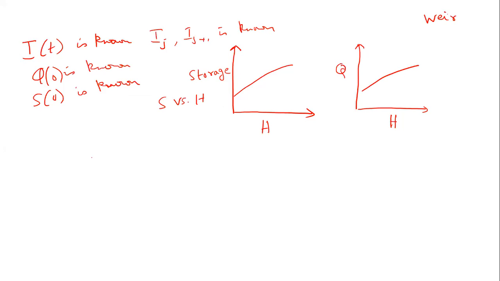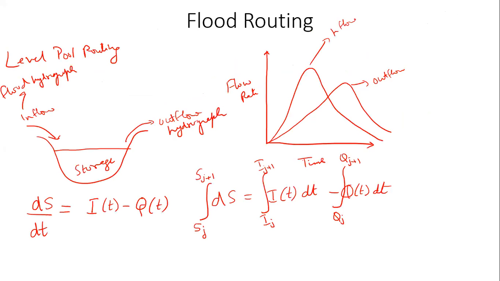Okay, so now let's go back to that equation that we developed, right? So here we are. Integral ds from Sj to Sj plus 1 equal to integral of I of t dt from, okay, can't write this.